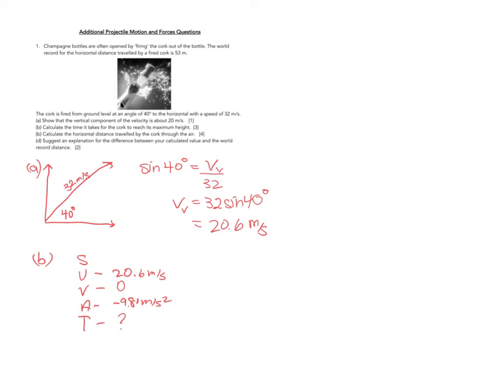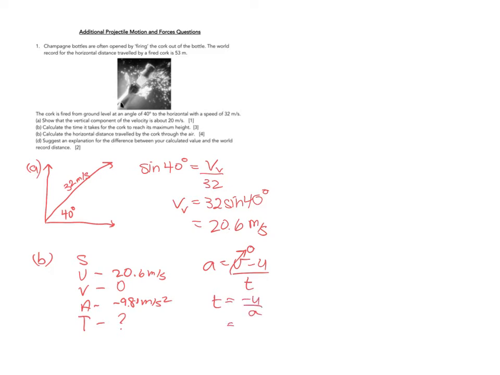So now I need the equation that has a, v, u, and t. All the equations will be given to you on the quiz. Here it is here. Now v is 0. We like that because then right away I can cancel that out and it makes my algebra so much easier. If I now rearrange this for t, t is going to be negative u over a.